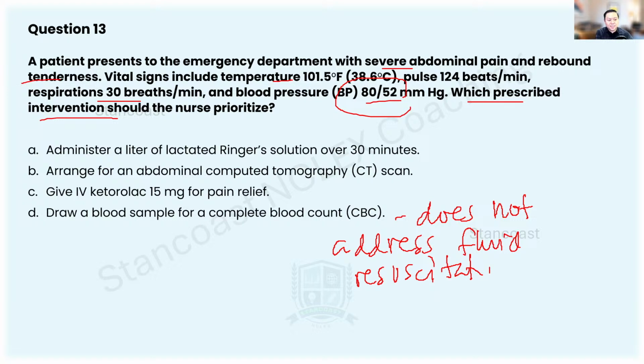What about letter C? Give IV ketorolac 15 milligrams for pain relief. It is a non-steroidal anti-inflammatory drug. It is going to be helpful. However, if your patient is in hypovolemic shock and suspected of acute abdominal problem, the NSAIDs are not appropriate in hypovolemia, as they can worsen renal function.